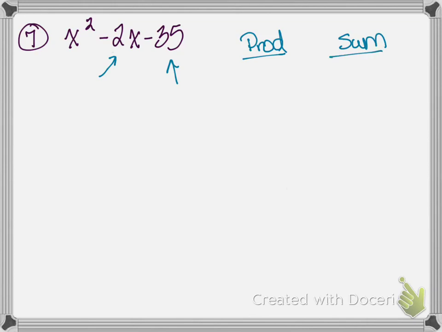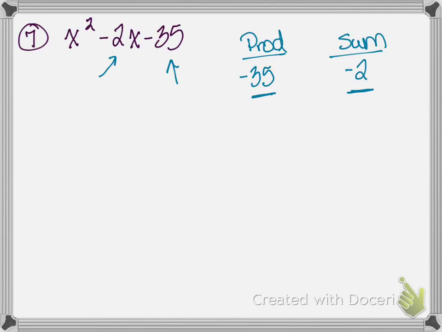Okay, so my product here is negative 35. My sum is negative 2. And I ask myself, what two numbers multiply together to get negative 35? What two numbers added together give me negative 2? 7 and 5, and I heard which one was negative.